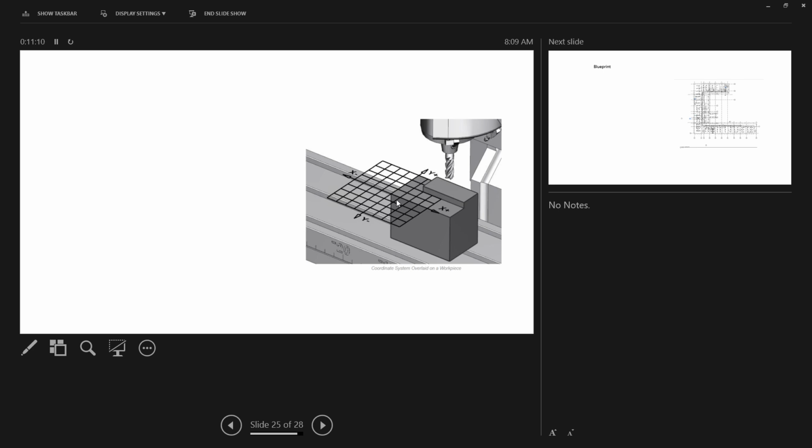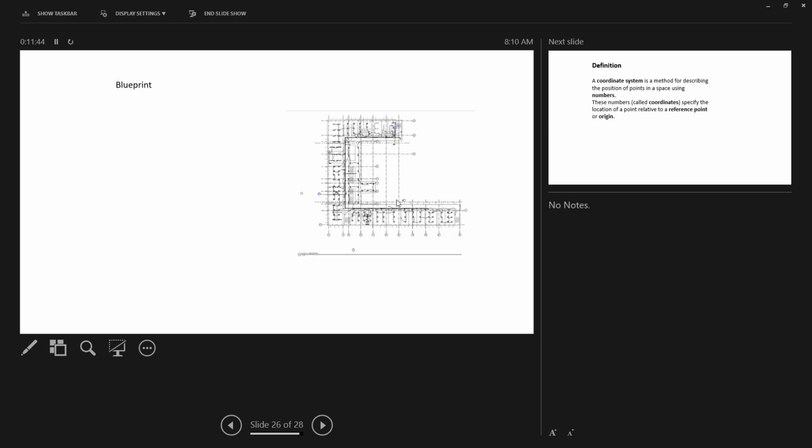As you can see here, you can physically attach a Cartesian coordinate system to a machine, and now you can give coordinates to the points on the plane coordinate system, where you can see the black grid coordinate system. Another example is a blueprint.